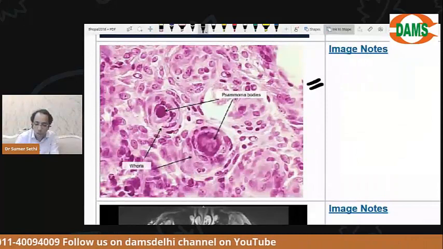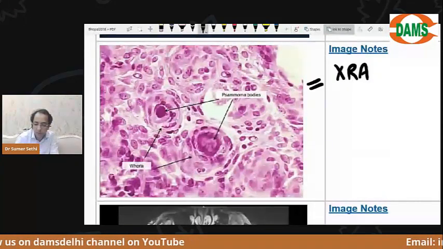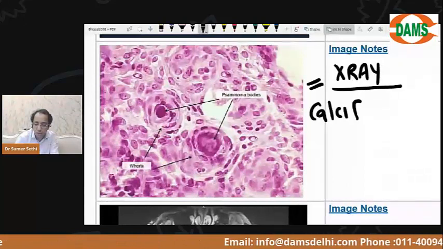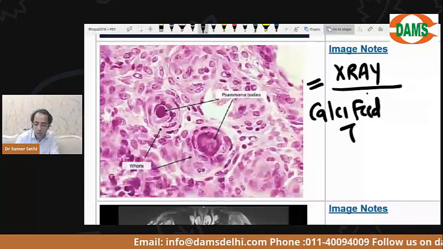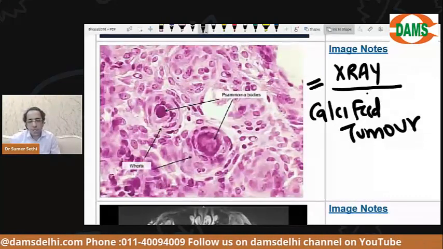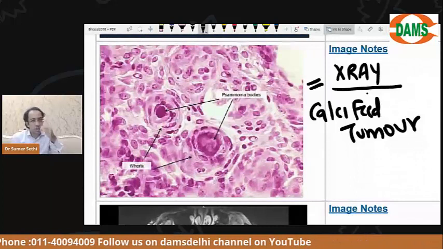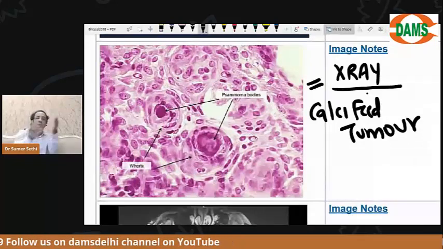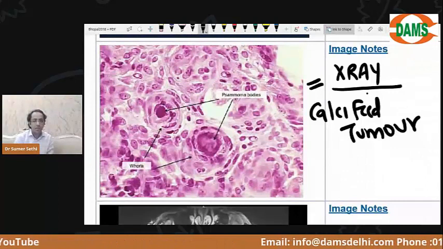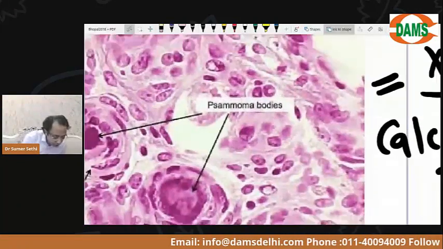So when you look at meningioma on an X-ray, it might be seen as a calcified tumor. Are you clear? समझ पा रहे हैं? Exam पूछेंगे, meningioma can be seen as a calcified tumor on X-ray. Answer is true. Why? Because उसमें calcium के rolls हैं जिसको pathology वालों ने बताया psammoma body. Are you clear with this or not? So this is the correlation.